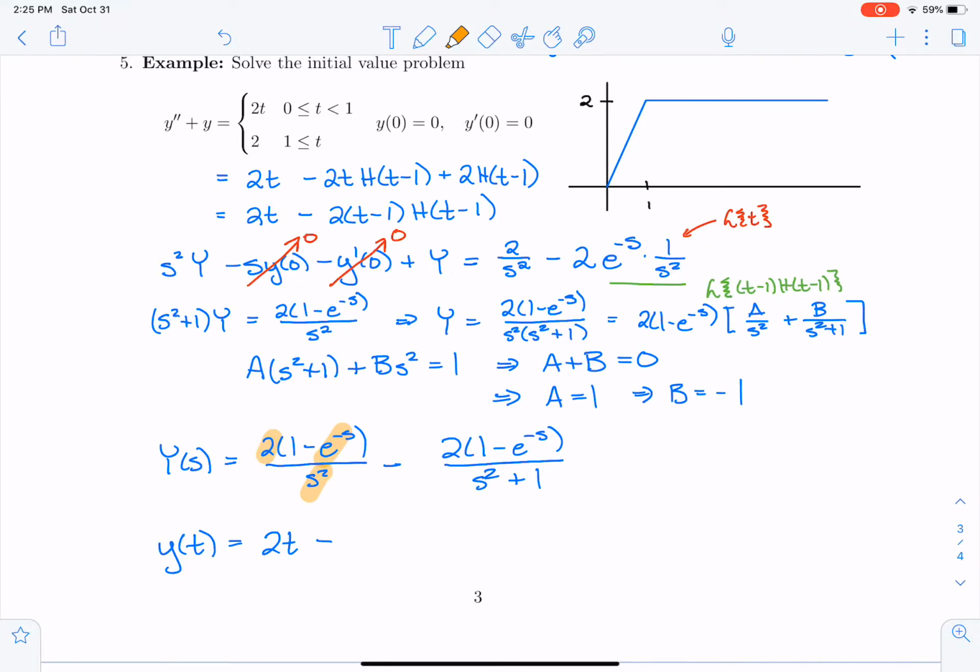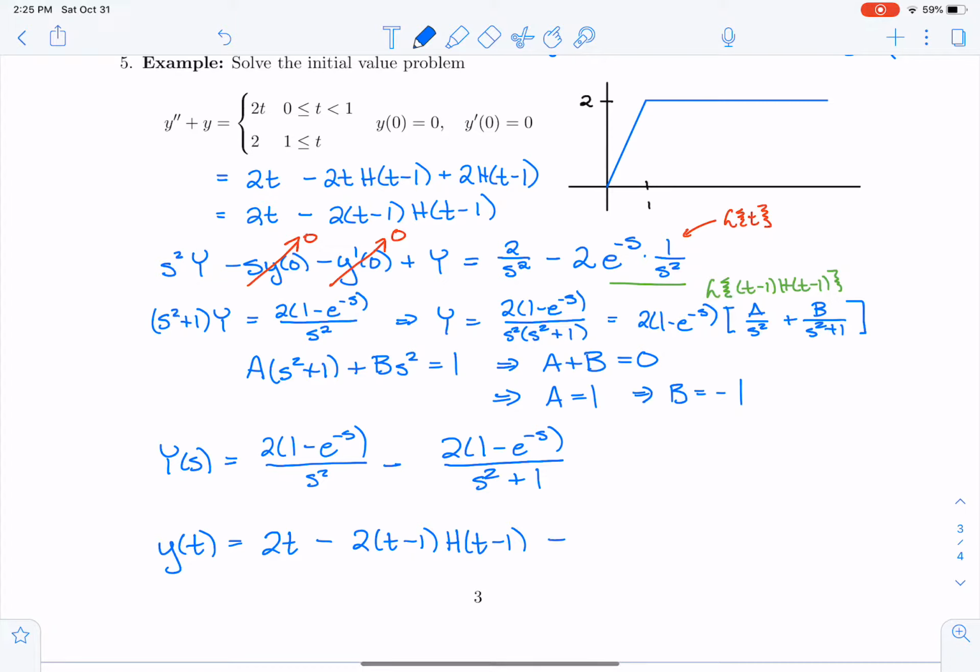Now I'm going to do 2 over s squared times e to the minus s. The e to the minus s is going to give me a t minus 1 everywhere I saw a t, so I'm going to get 2 times t minus 1. And then the e to the minus s is also going to give me a Heaviside function of t minus 1.